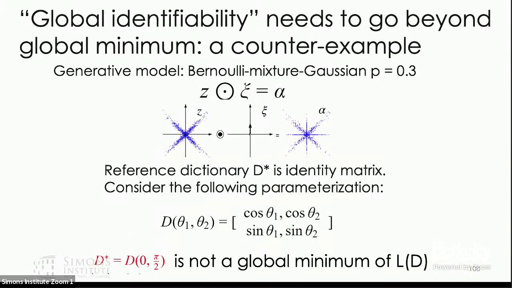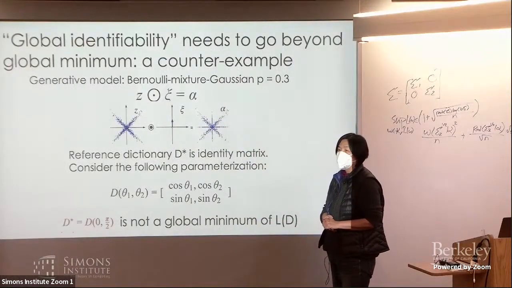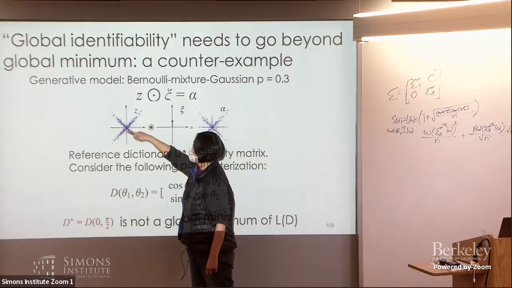So Z has a mixture of Gaussian, that's the non-zero part. And then you multiply by a Bernoulli, with probability P of being non-zero. Because you're projecting for every component, you end up having alpha with 8 arms, not 4. Because you set one component to 0, get projected there, and get projected.